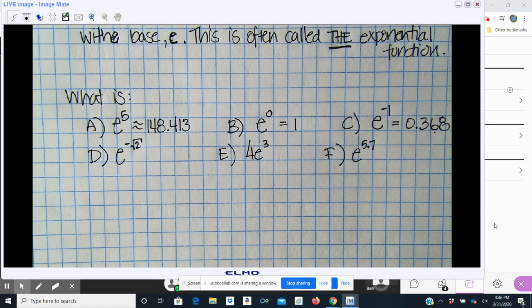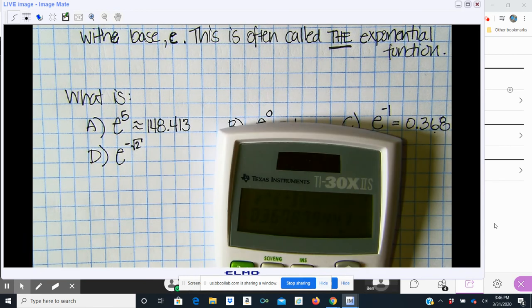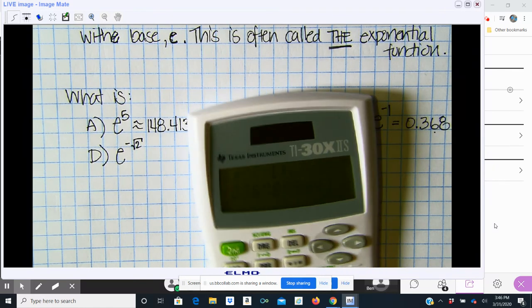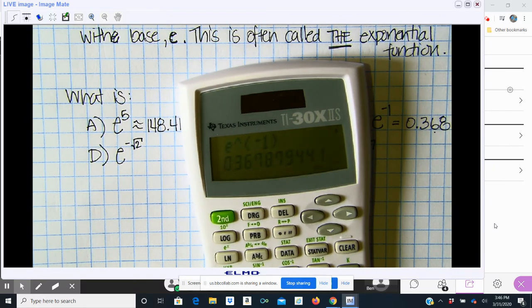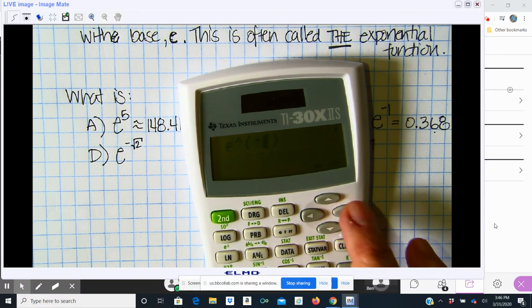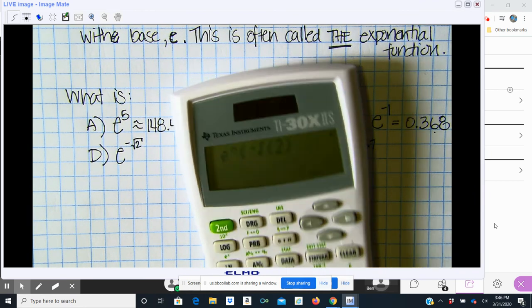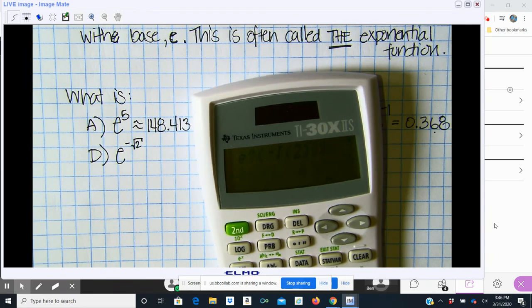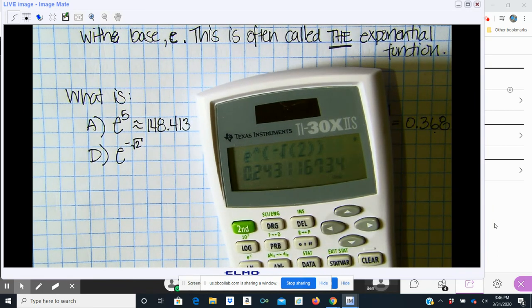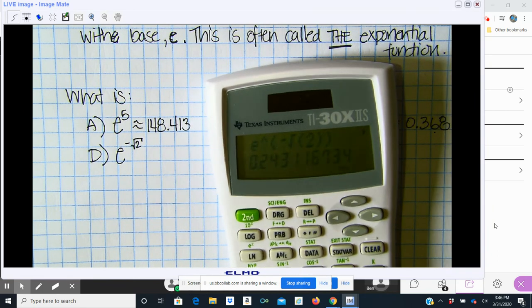And you can really find e to any power just using it as a regular power button. So here I have e to the negative square root of 2. So I'm going to do negative square root of 2. And that's going to give me about 0.243.